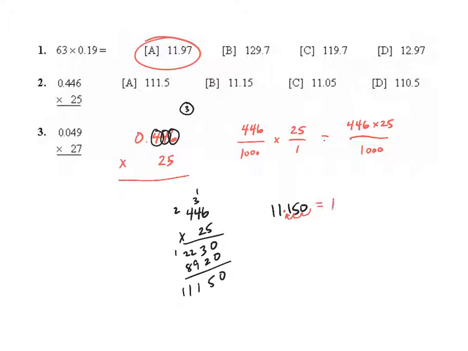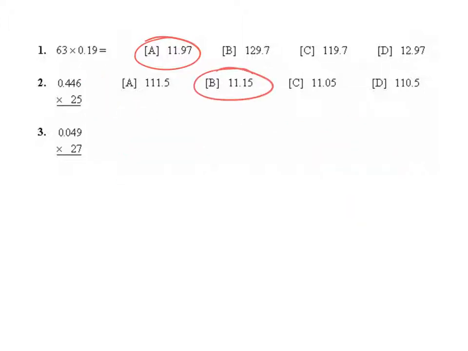So my answer is going to be 11 and 150 thousandths. We can always check this by estimating as well. 446 thousandths is about a half. So if we multiplied a half times 25, we should get about 12 and a half. And I've got something that's slightly smaller than that, but 446 thousandths is slightly smaller than a half. So my answer of 11.15 is reasonable. That is answer choice B.